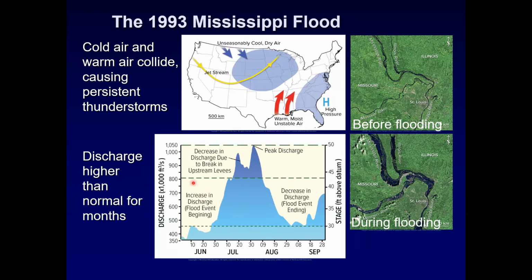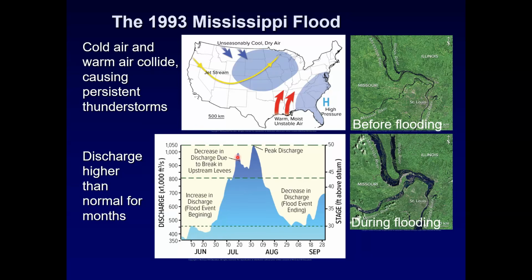We've got a discharge over time graph here. You can see it's relatively complex. Discharge was higher than normal for several months. We saw the beginning of the flood event right here. And it just continued to go up under these conditions.